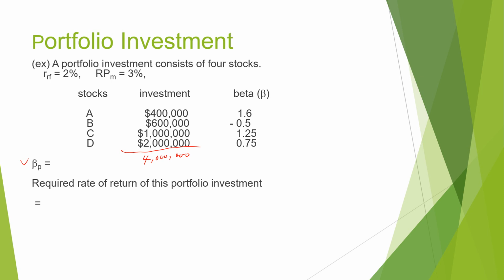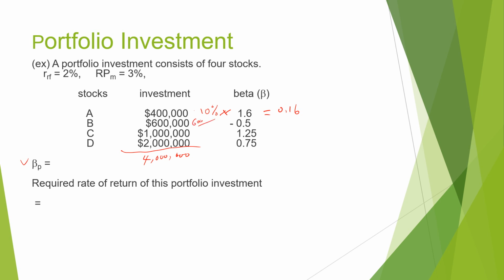And then 400,000 over $4 million is 10%, right? And then here 600 over 4,000. And then this is 10% multiplied by 1.6 is 0.16.